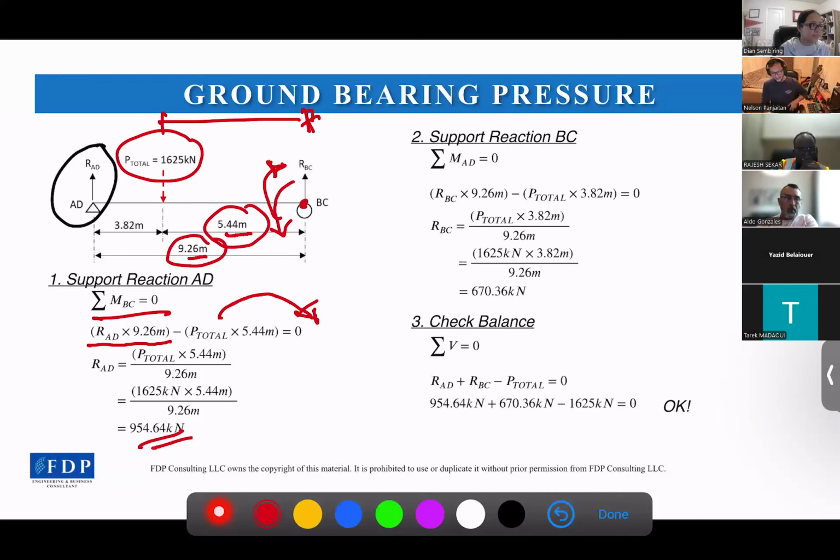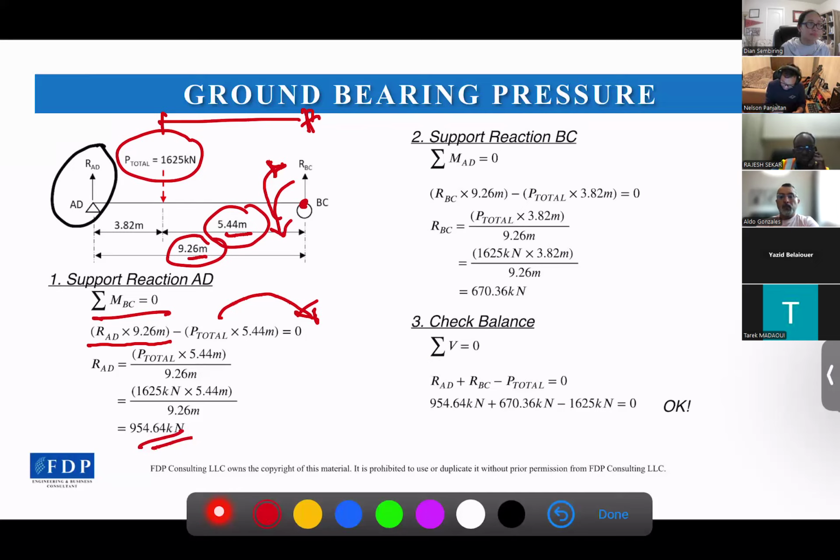We get the reaction at AD, and then we continue with the BC. Then we use the AD as a reference. MAD, moment at AD equals 0. Then what are the moment forces showing at the AD?